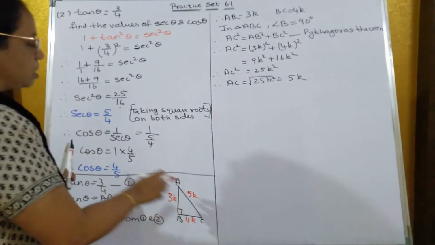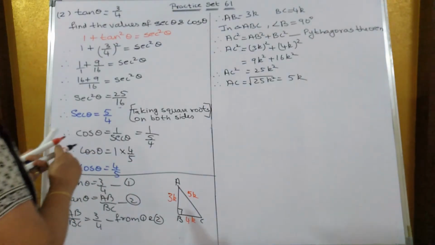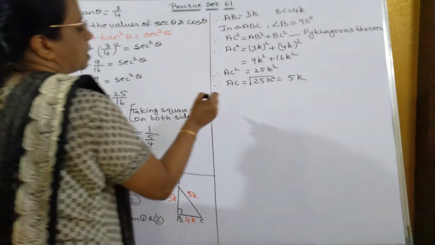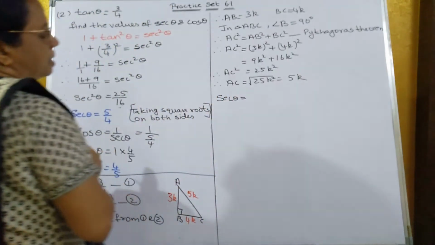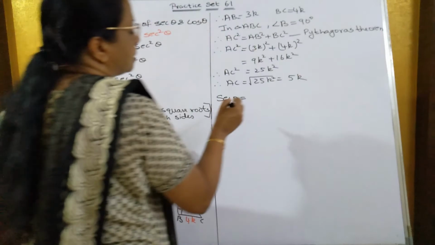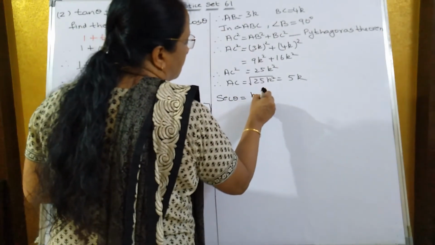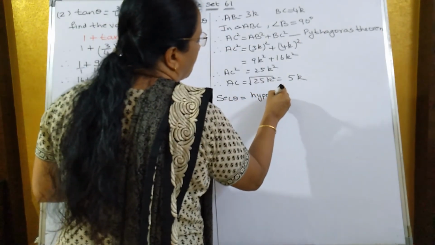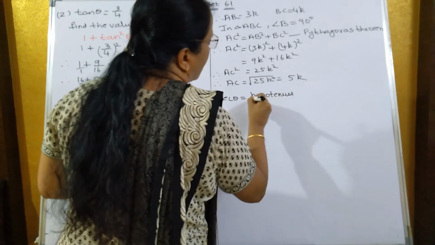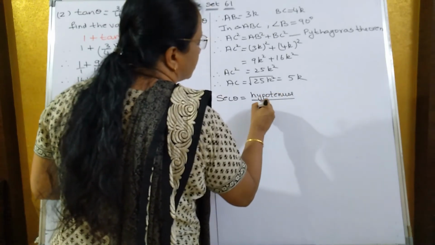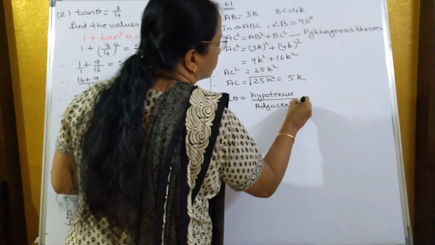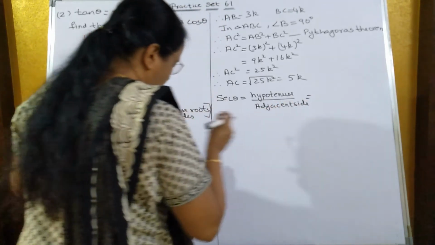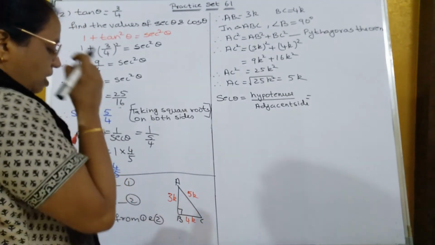Now by using this diagram we can find out the value of sec theta. Now sec theta is equal to what? Sec theta is the same as 1 upon cos theta, that is hypotenuse upon adjacent side. That's equal to, hypotenuse is what?